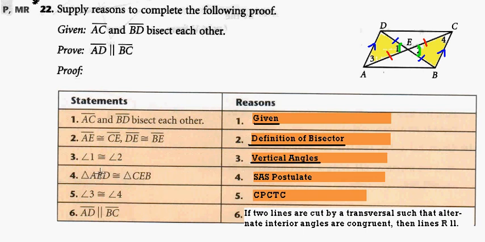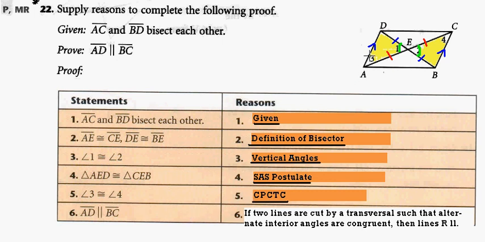Okay? AED, so this triangle and these two triangles in yellow are congruent to each other because of the side angle side postulate. And 3 and 4 are corresponding parts of congruent triangles, so CPCTC is the reason for that statement.